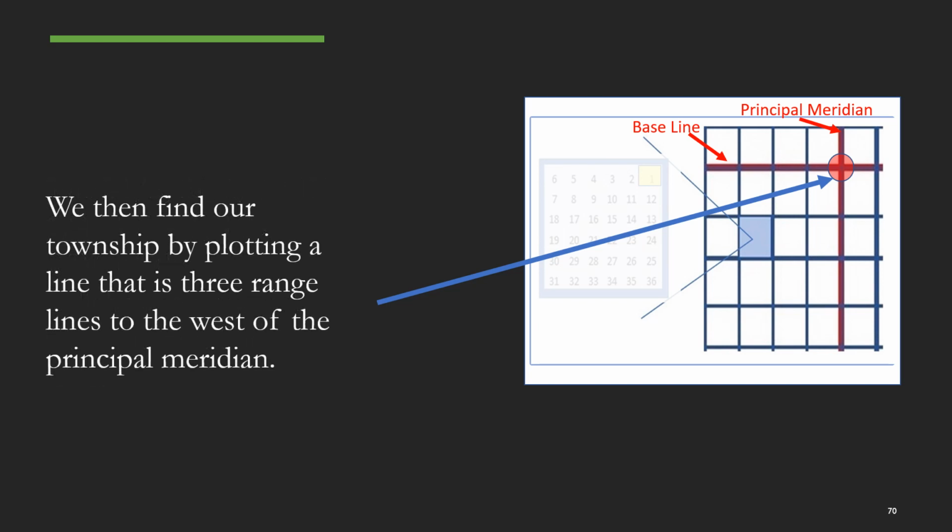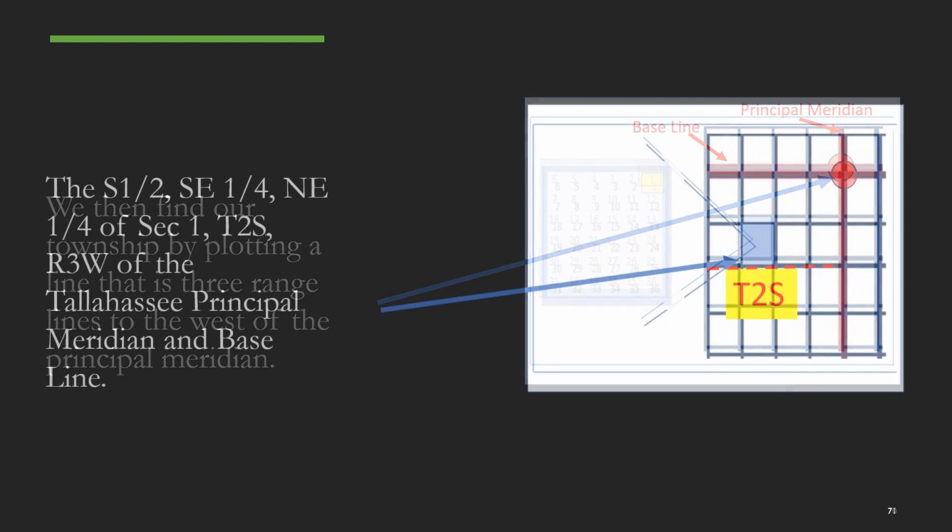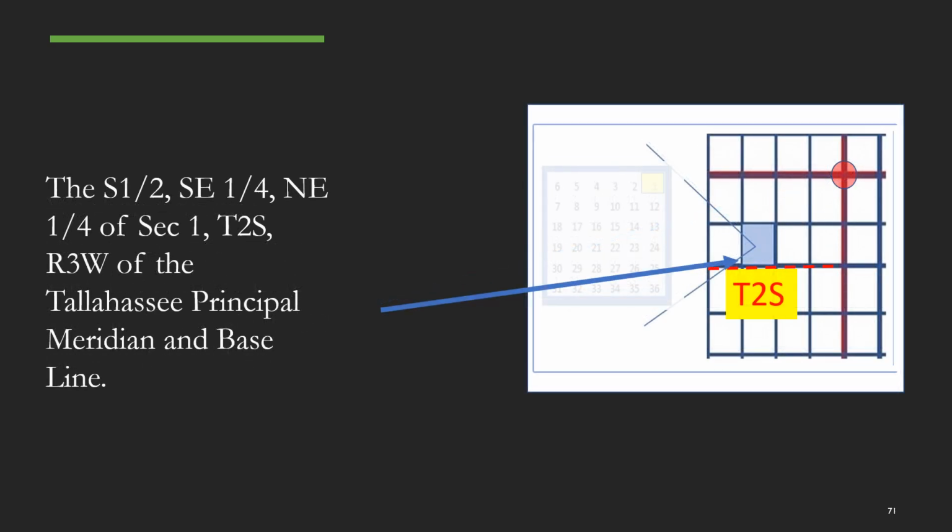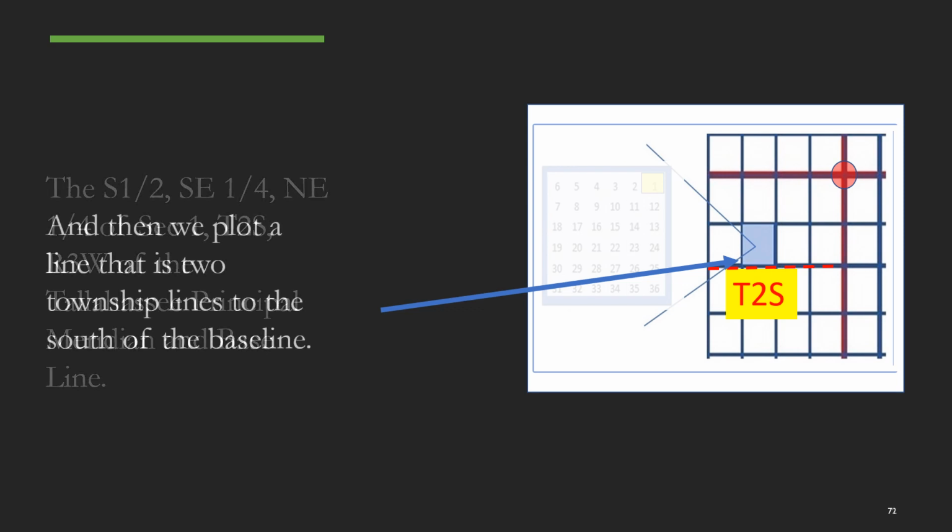We then find our township by plotting a line that is 3 range lines to the west of the principal meridian. And then we plot a line that is 2 township lines to the south of the baseline.